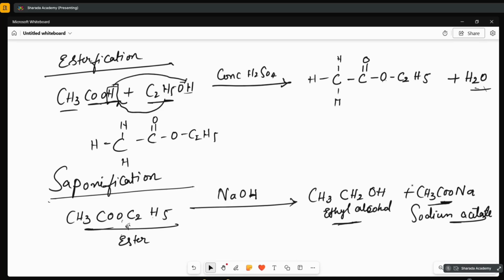This sodium acetate is used as a raw material in soaps. That is the reason this reaction is called saponification. And the ester reaction is also important because ester is used as a raw material in perfumes and soaps. To form soaps, the saponification reaction is used: ester plus sodium hydroxide. That's why it is important. Clear?